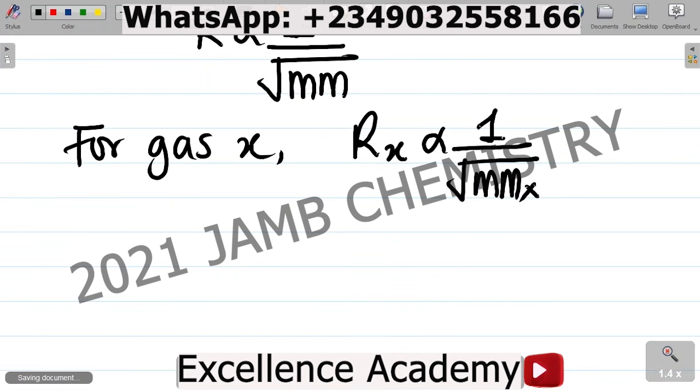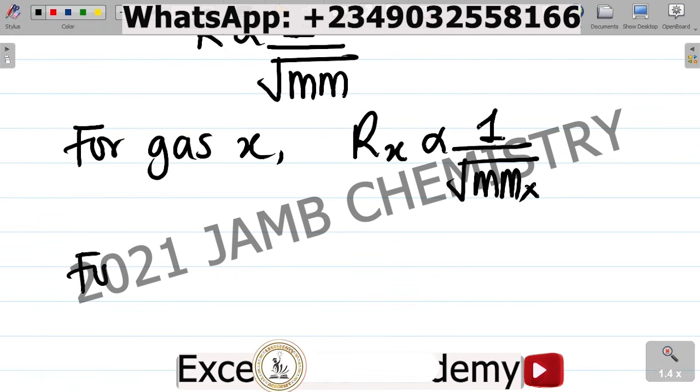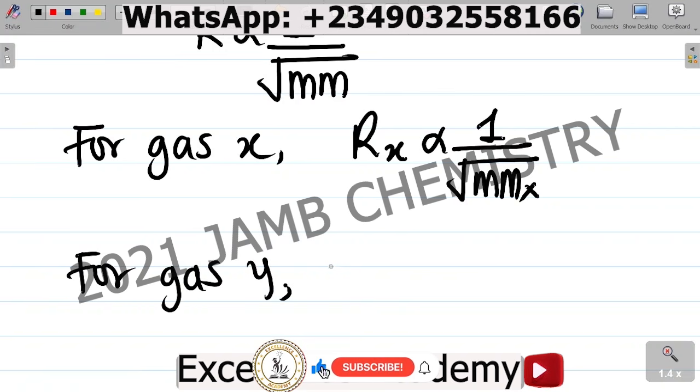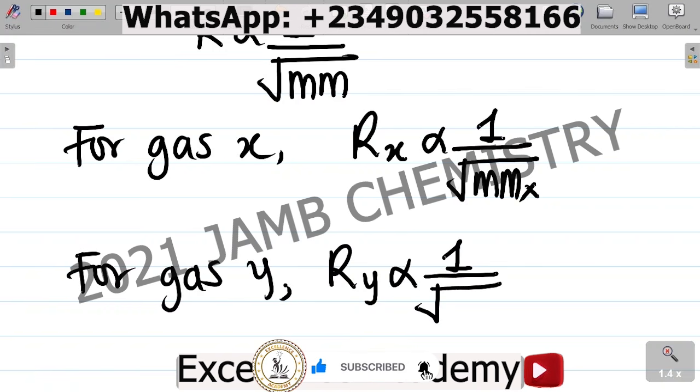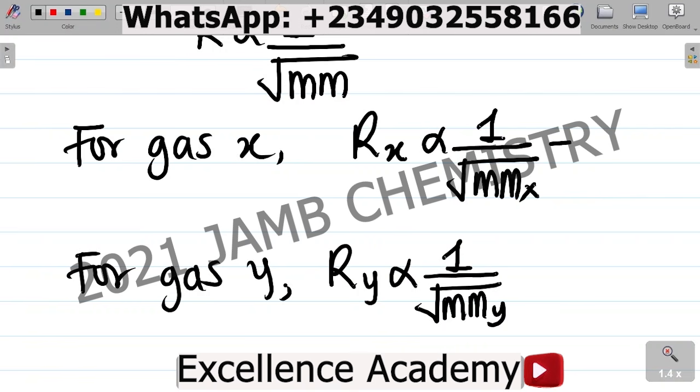Also, for gas Y, the rate of diffusion of gas Y again is inversely proportional to the square root of the molar mass of gas Y. I'll call this my first equation, equation 1, and this my second equation, equation 2.